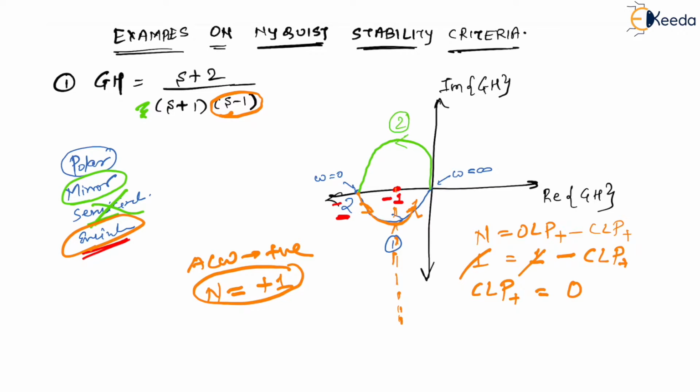This means that even if my open loop system is unstable, my closed loop system is stable. This is what we have seen. So this is all about the Nyquist stability criteria example.